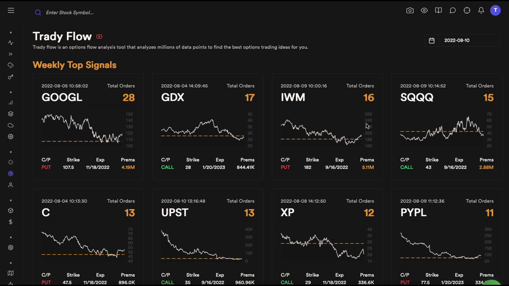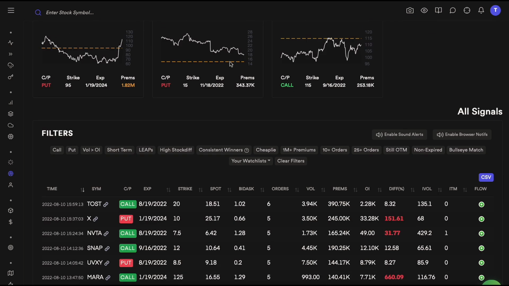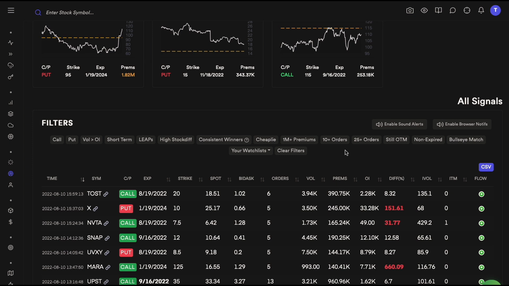If you want to look at all the contracts out there, go down a little bit and you'll see the table with all signals. We have some filters if you want to filter down these Tradiflow signals. The minimum number of repeat orders we filter for is 5, but 5 doesn't always work well.